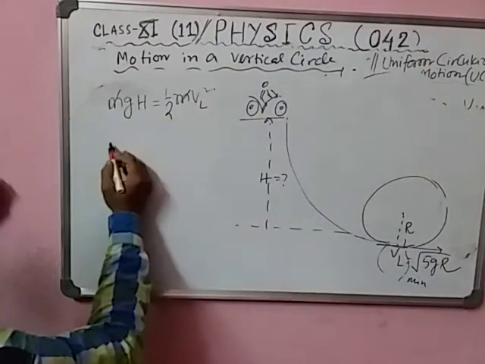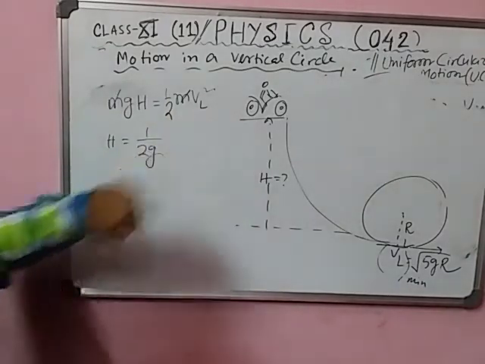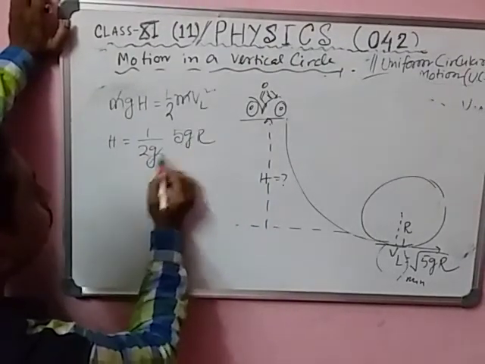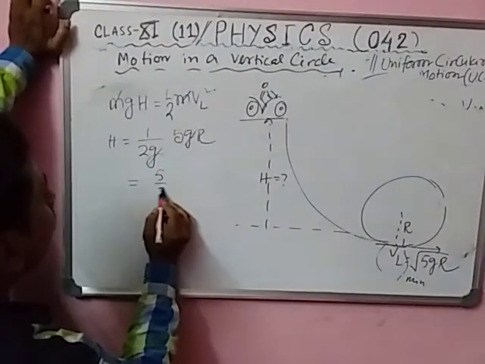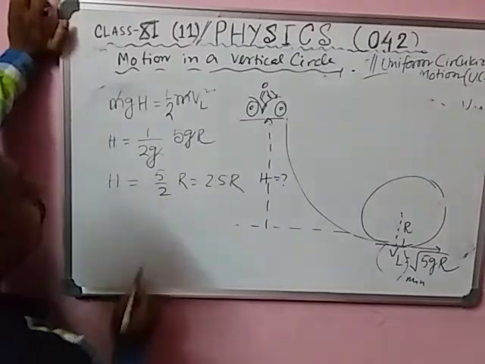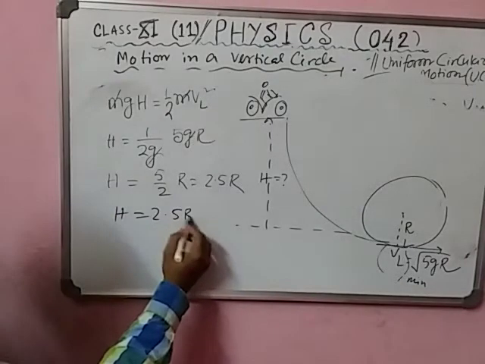Mass cancels, you need height, so height equals 1 by 2g, and put the value of VL. The minimum value of vL square is 5gr. So students, 5 by 2 r, it means 2.5r. So if you know the radius, you can calculate the height.